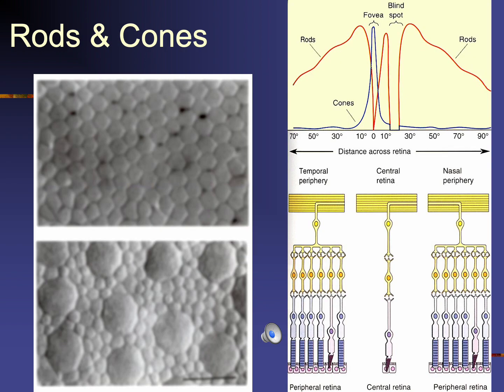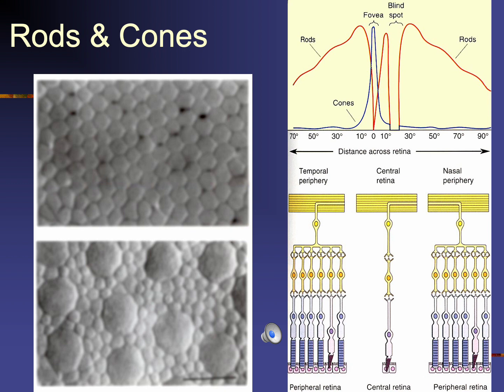Here's a schematic depicting the distribution of rods and cones across the retina. Now, in the gray images on the left, you see a photomicrograph of rods and cones actually in the retina. The top one is showing you the distribution of rods. I can tell from the distribution of rods here being so dense that this must be in the periphery of the retina, not in the fovea.